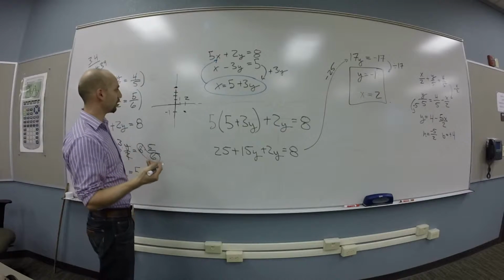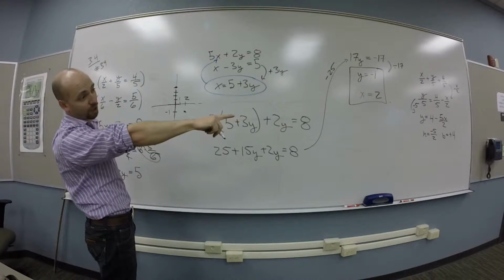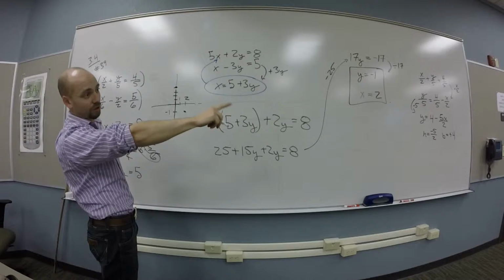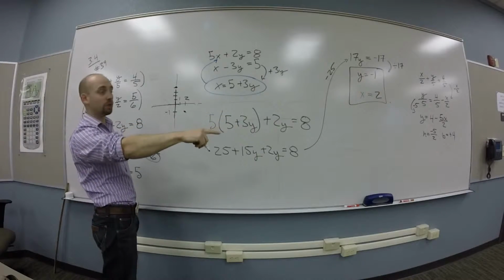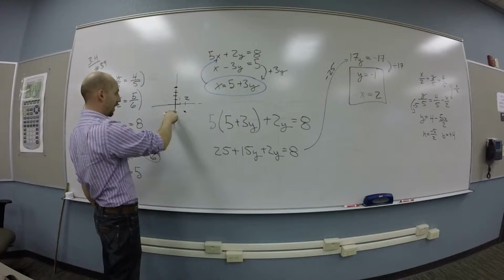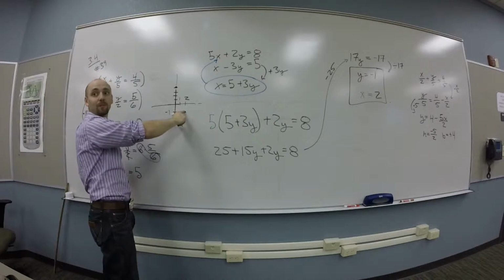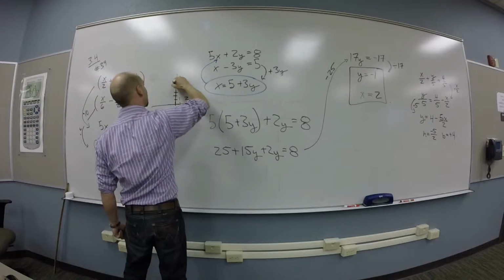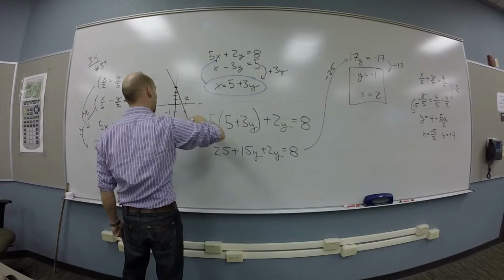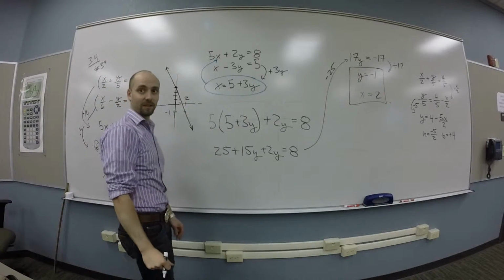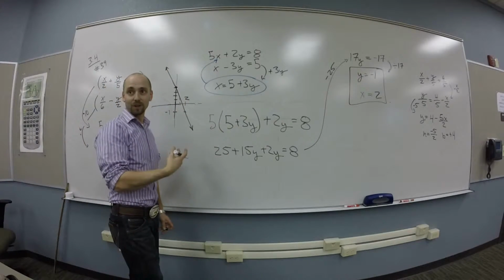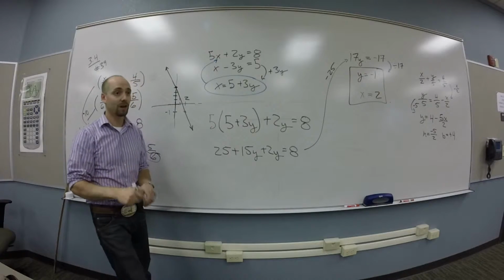If I wanted to be totally sure, I could check, it goes down 5 over 2. So down 5 over 2 is indeed that point of intersection. That's making me feel pretty good about my solving. At the very least, this first line goes through that point.